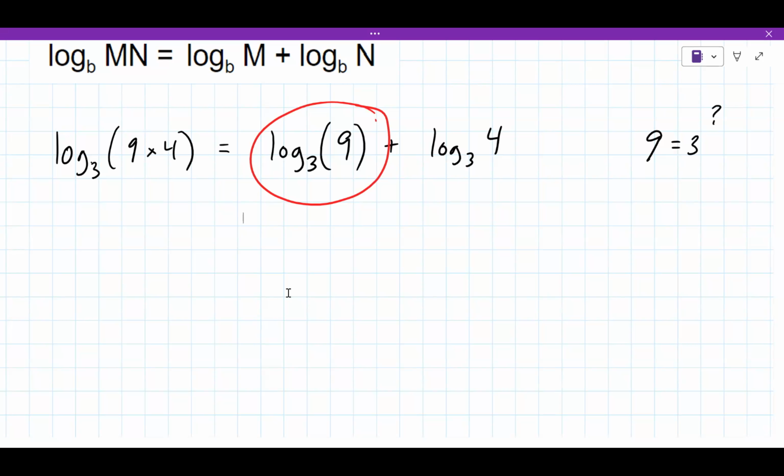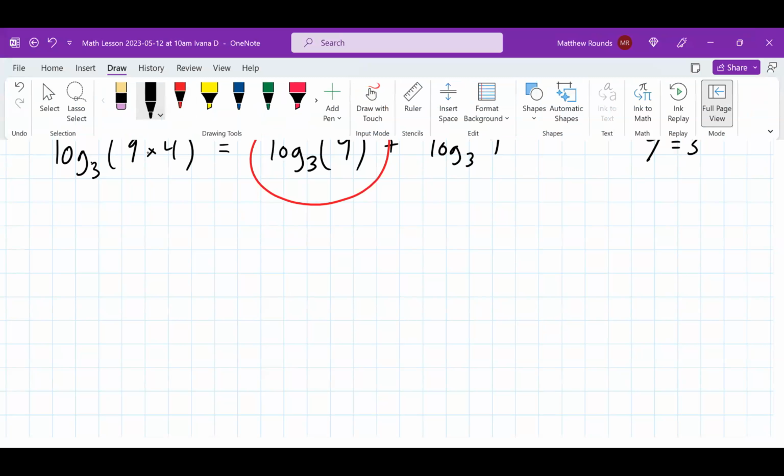Okay, so log base 3 of 3 squared basically. Yes, exactly. So what does that equal?